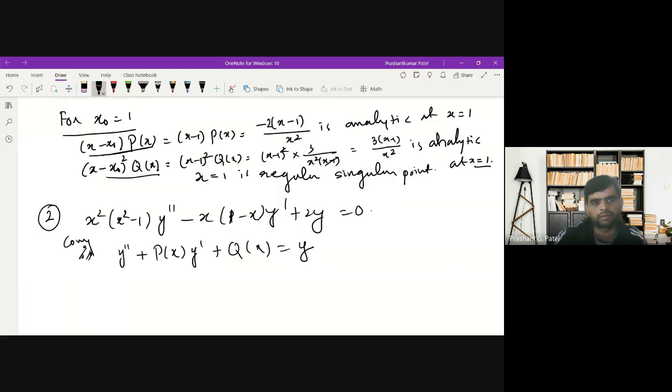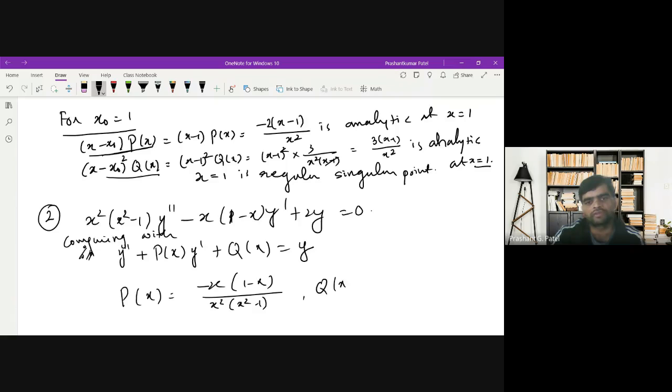Comparing with this, p of x will be minus x into 1 minus x upon x square into x square minus 1, by dividing both sides by x square into x square minus 1, and q of x will give you 2 over x square into x square minus 1.